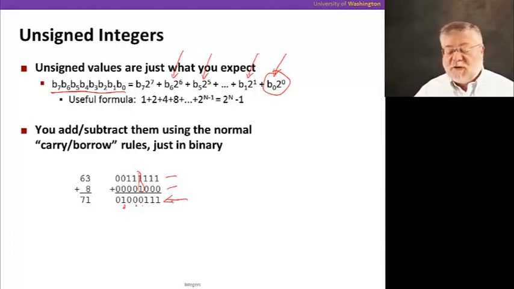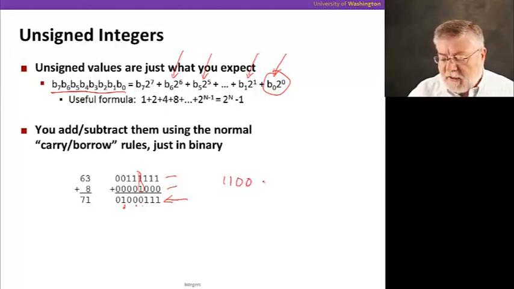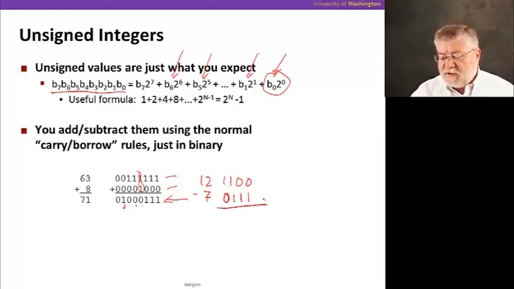To do subtraction, we do something very similar. Let's say we had the number 12 in binary, and we wanted to subtract 7. 7 is represented by 0, 1, 1, 1. And so if we do this subtraction, we would say 0 minus 1, of course, is a 1 with a borrow of 1. 1 minus 1 is a 0, and a 0 now because we borrowed earlier.